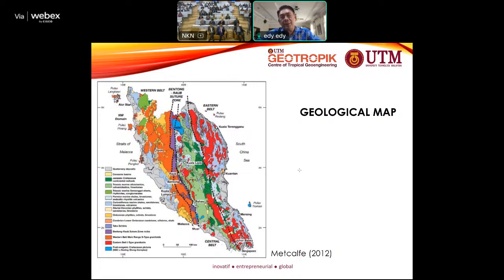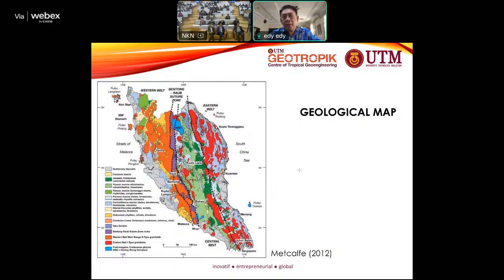This is the geological map, just to introduce you to the ground in Malaysia. On the right-hand side, where you see the red color, that is the eastern belt of granites. That is one layer from the north to the south. And then at the central part, you will see the green color. And then on the left-hand side, you can see the orange color. The orange color is the western belt of granite, meaning that the eastern part of granite is red in color, and the western granite is orange in color.